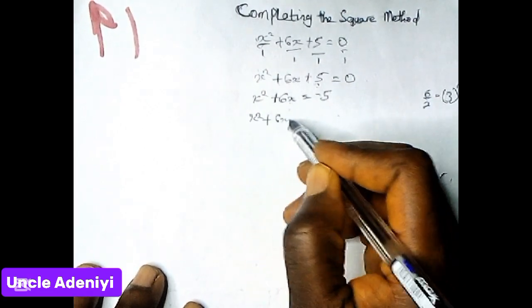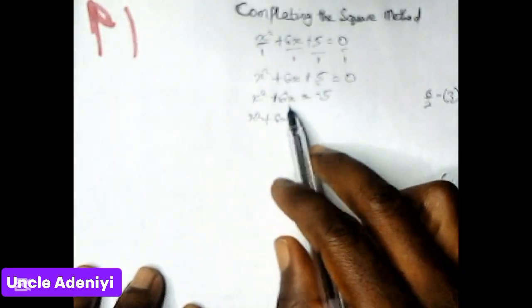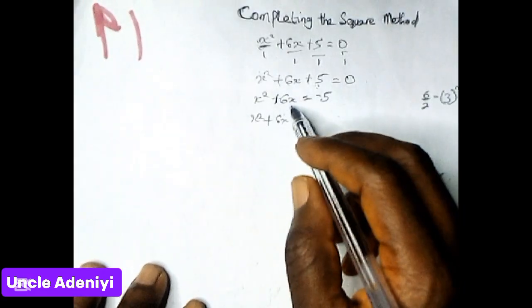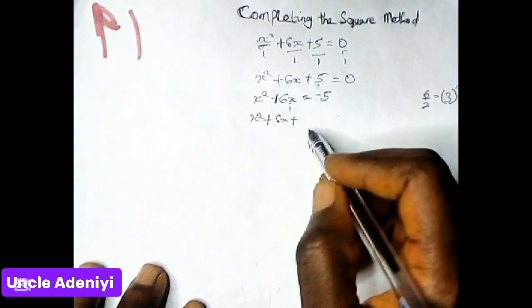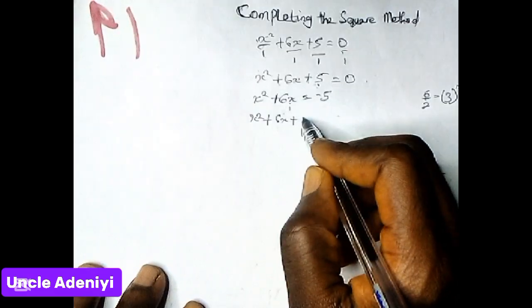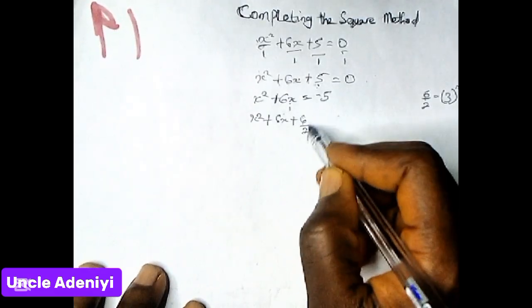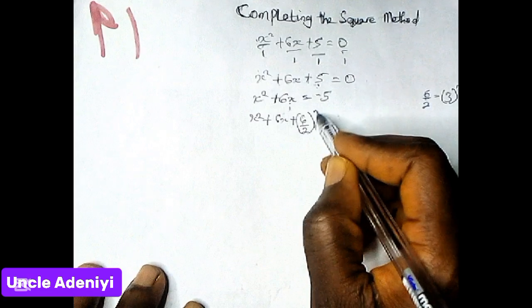You add the coefficient of x, square it, and add it to both sides. You turn it to 6 divided by 2, and you square. That's the formula.